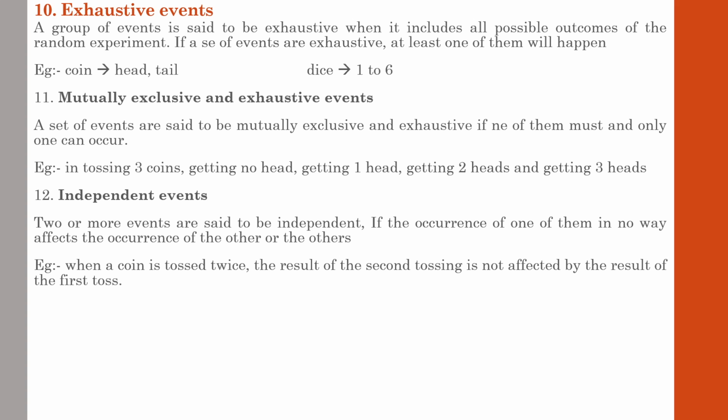In the example I mentioned now, when a coin is tossed twice, is there any effect on events due to the preceding events or the succeeding events? If I am tossing a coin 2 times, does the first toss affect the second toss? No, it will not. Does the second toss have an effect on the first toss? No, nothing will have an effect. So such situations are known as independent events.